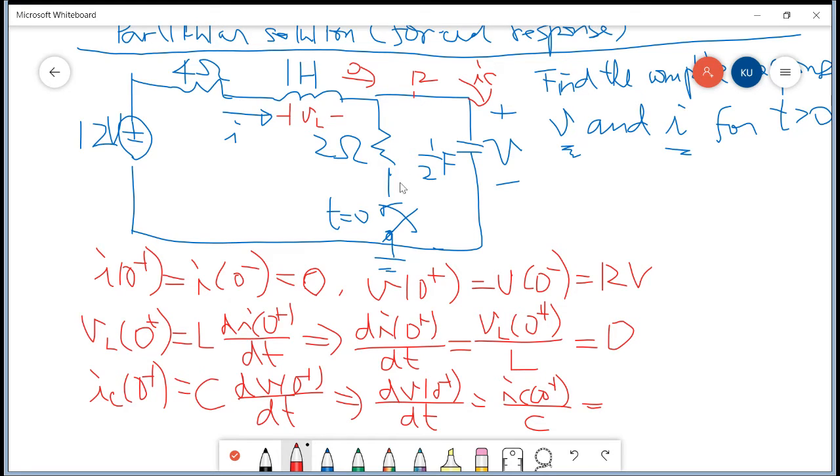So at t equals 0+, this current will be 6 A, 12 volt over 2 ohm.